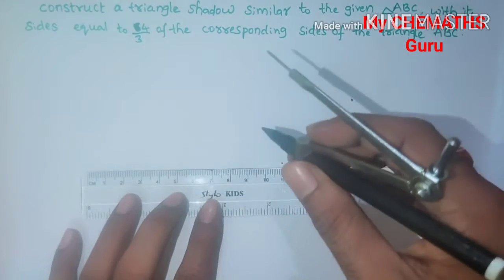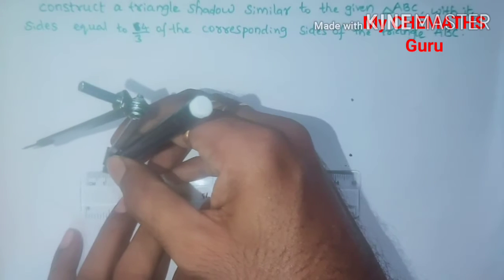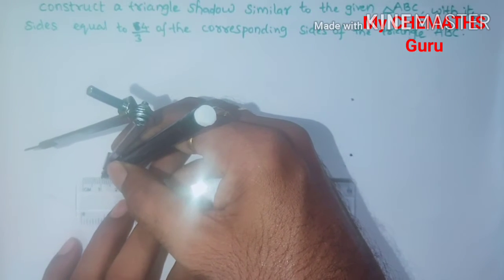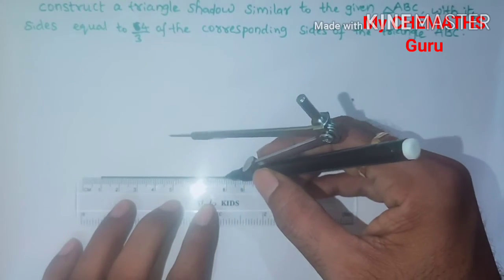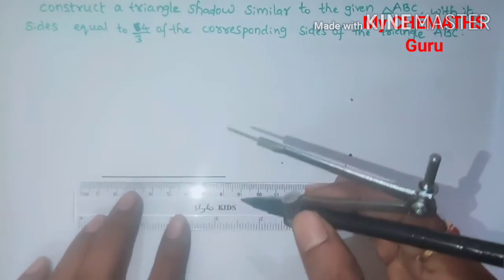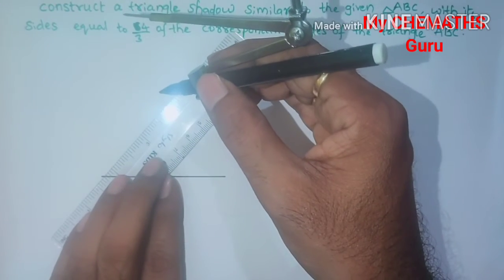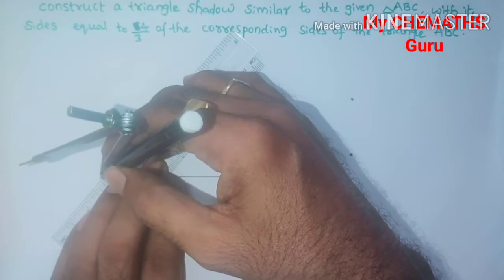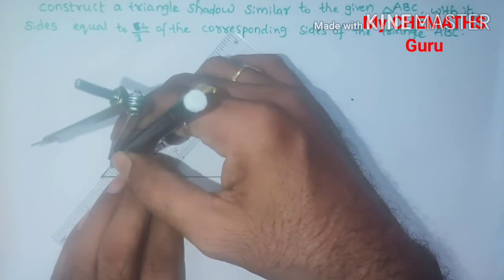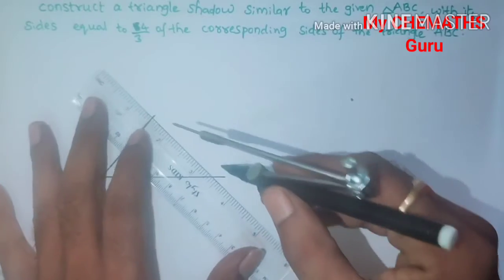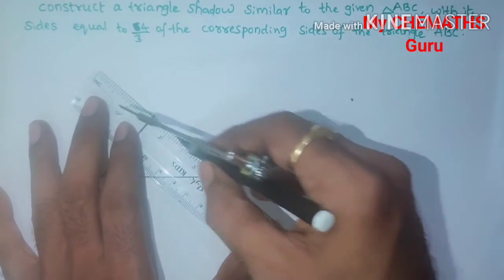I am drawing a triangle like this. Base BC, A, BC.